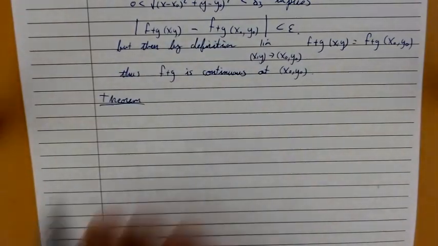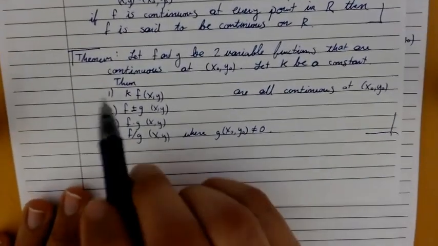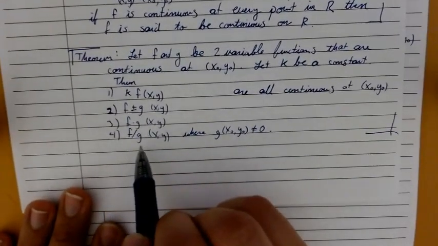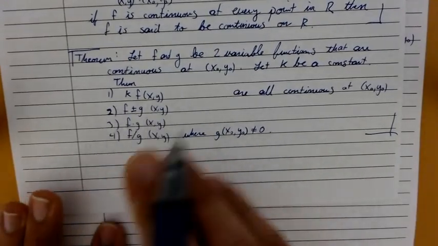Theorem: we see that having two functions continuous at a point means that their sum, product, and quotient are all continuous at that point. There is one more operation that you can have of functions, and that is the composition.